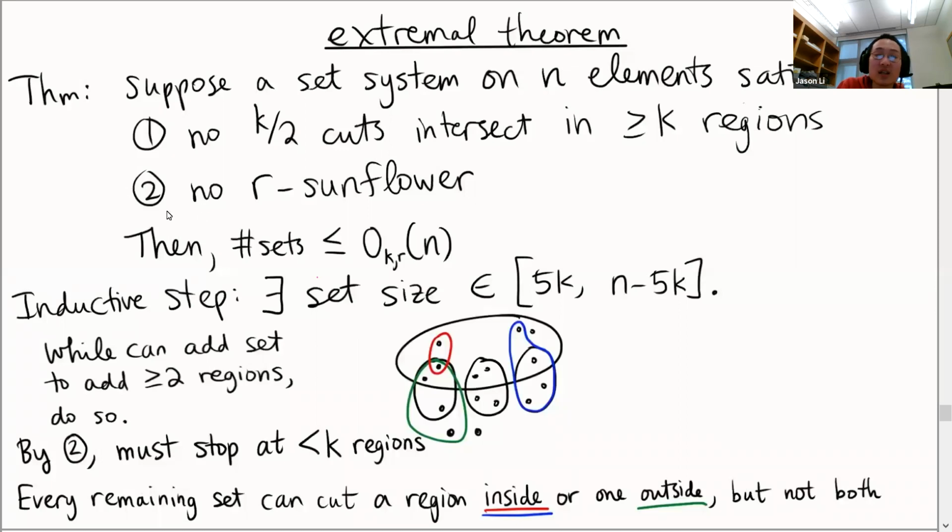So we do need some extra property, and it needs to relate to the cuts of the graph somehow. And the thing we ended up finding was sunflowers. But perhaps there's a more clever way to exclude some structure of the set system based on the fact that it came from small cuts, and get a better bound here.